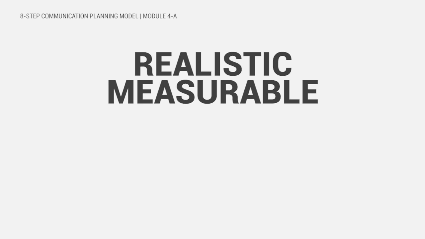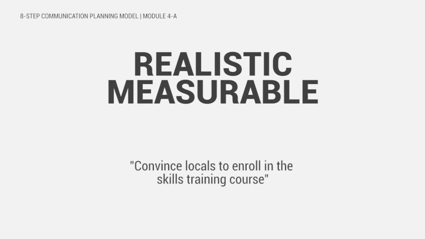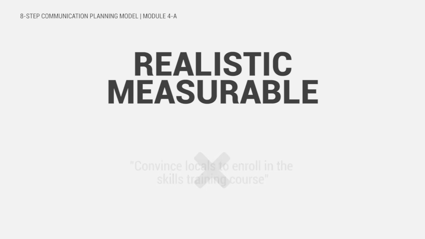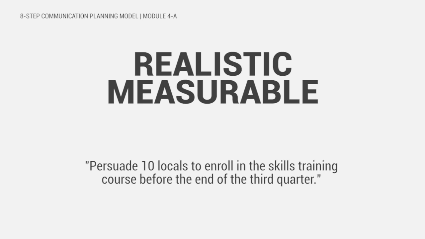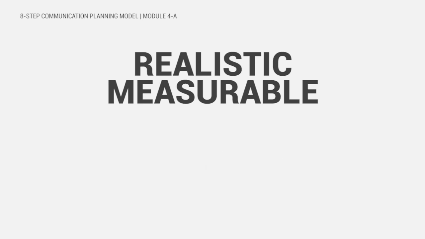Using specific language instead of general language is key to this. Don't say, convince locals to enroll in the skills training course. Instead, quantify the outcome we want. Persuade 10 locals to enroll in the skills training course before the end of the third quarter. This way, we can easily quantify and measure our success.